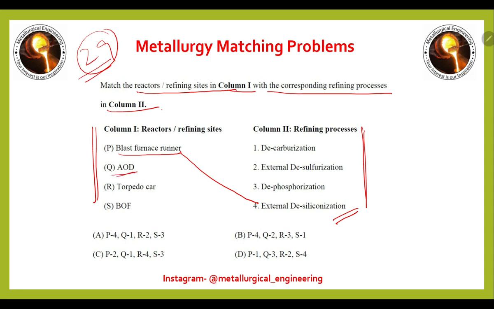The AOD process, argon oxygen decarburization, matches with external desulfurization. Torpedo car is for dephosphorization, and the basic oxygen furnace is for decarburization. So the right answer is B part, P4, Q2, R3 and S1.